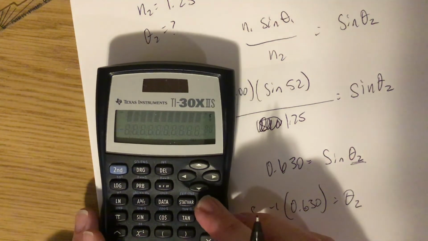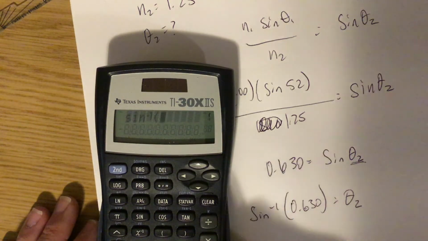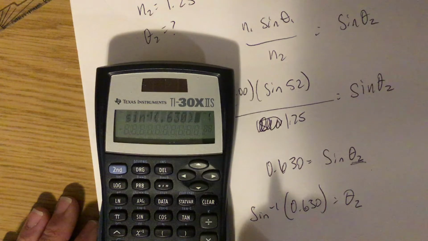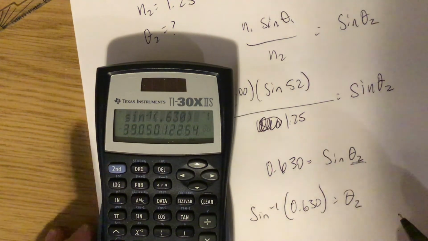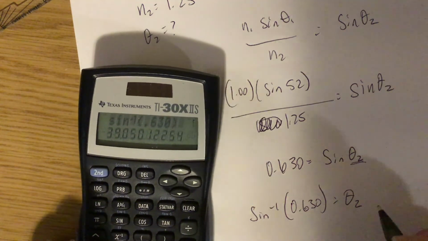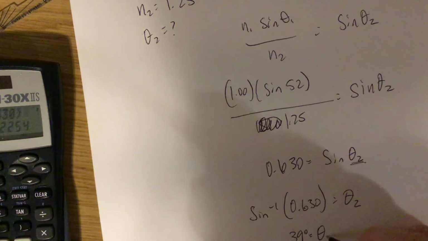We'll say the inverse sine, so we'll go second sine of 0.630. And when we do that, we get 39.050 something something something degrees. And so we can just say 39 degrees equals theta 2.